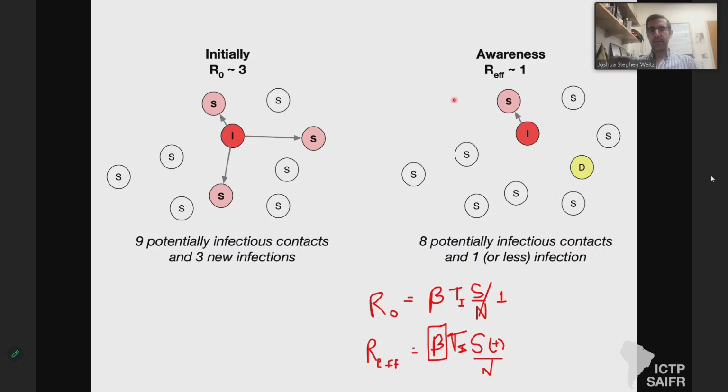The second question is, have you done any model that included information, because awareness is a function of death, right?